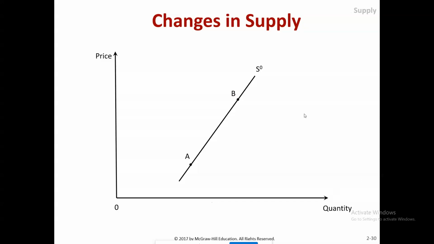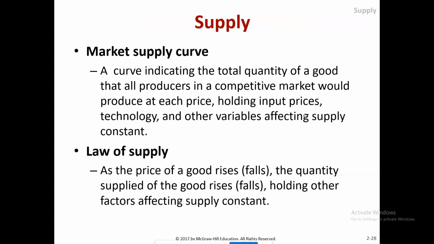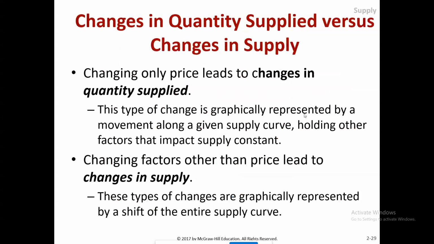That will discourage producers from producing the product and push the economic resources away to other industries. Therefore, the quantity supplied decreases. So that's the rationale of the law of supply.